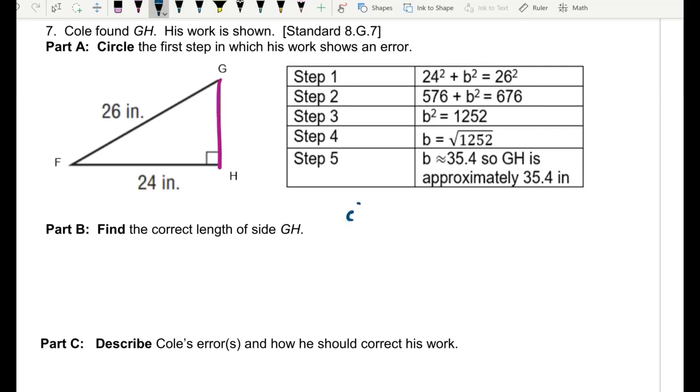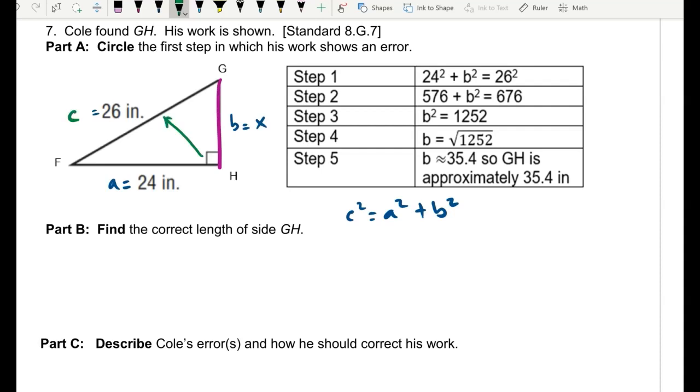c squared equals a squared plus b squared. Solve the problem by yourself first before you check somebody else's answer. a is 24, b is what we're solving for, and c is the longest side, which is opposite the 90-degree angle.